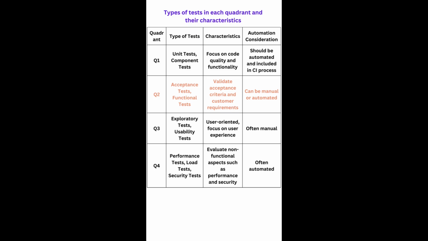Quadrant and the type of tests. Q1, unit tests, component tests. Q2, acceptance tests, functional tests. Q3, exploratory tests, usability tests. Q4, performance tests, load tests, security tests. So, it is clear, Quadrant 2 uses techniques such as ATDD and BDD.